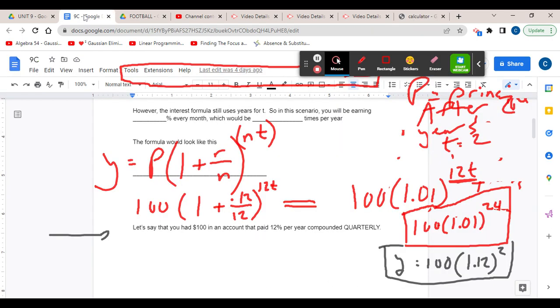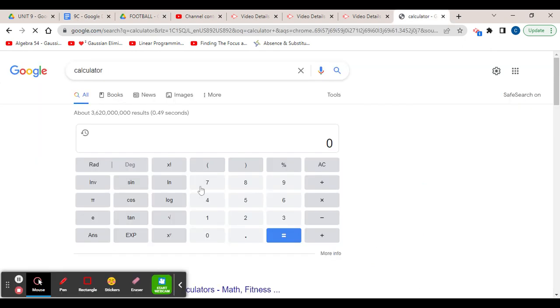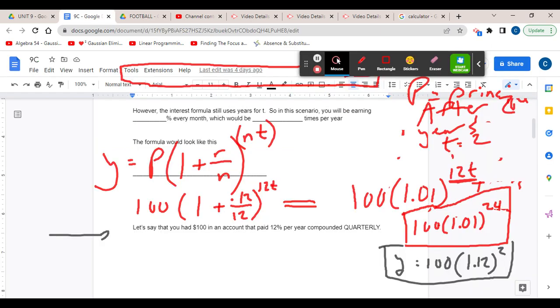So 100 times 1.12 to the second power. In the original scenario, we would have $125.44 after 2 years.